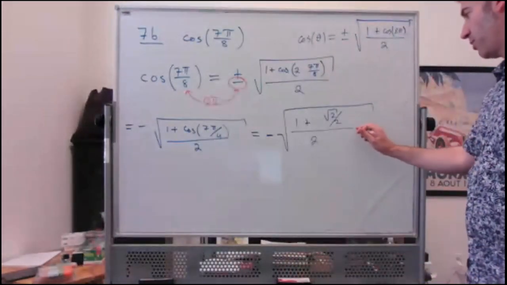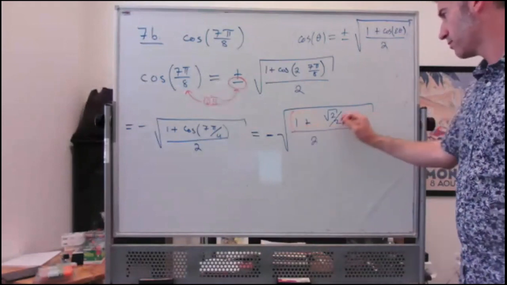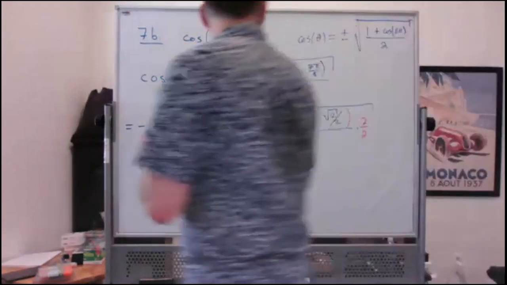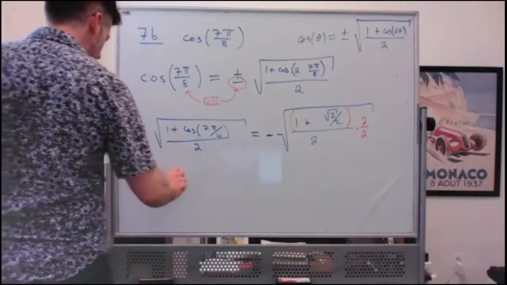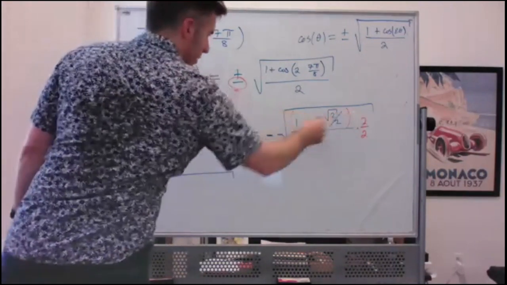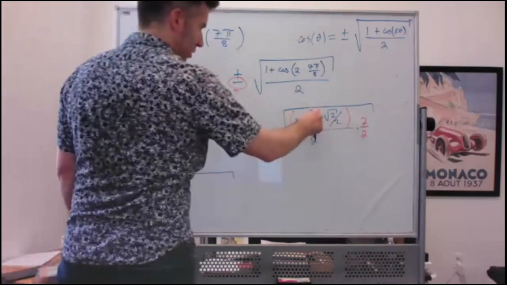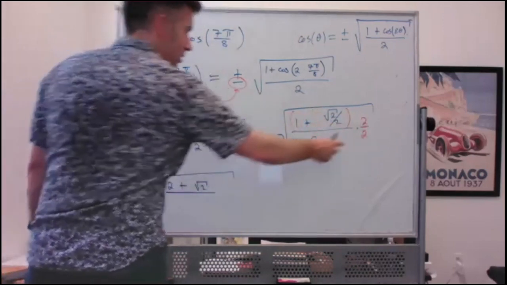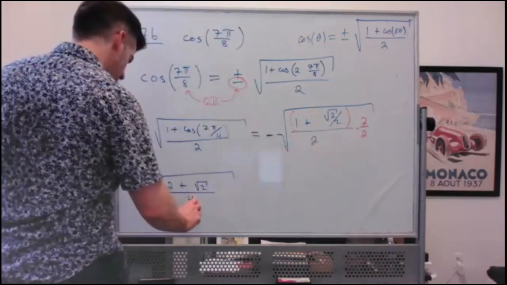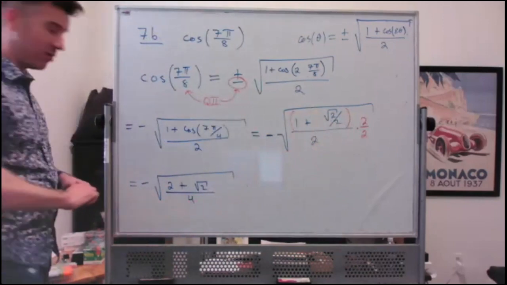So then we're going to multiply the insides by 2 over 2. We're going to get negative square root of 2 times 1 is 2. 2 times the square root of 2 over 2 is the square root of 2. And in the denominator, 2 times 2 is 4. And then we need to point out that that 4 in the denominator is still in the radical.